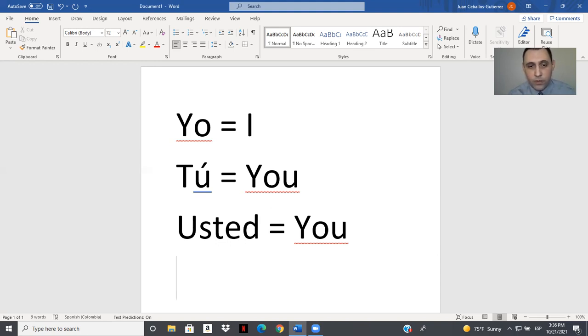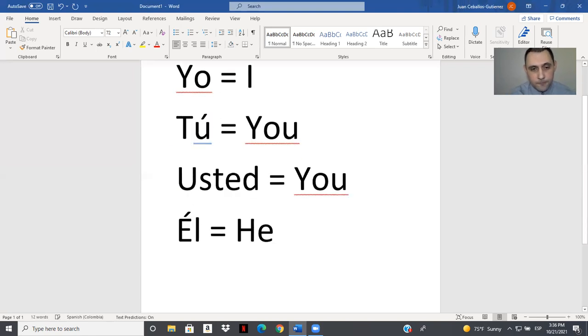So formal is what I will use if I don't know the customs of a country. So we have yo, tú, usted. Now we have él, which is equal to he. And we have ella, which is the same as she.